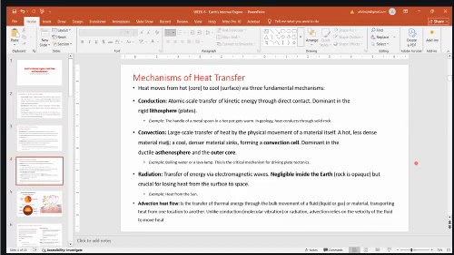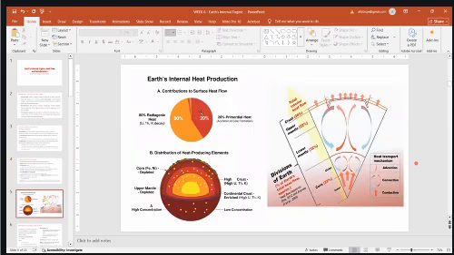So this is a schematic of how some of these heats are produced and transferred. Basically, this primordial heat is like 20%, while the radiogenic is about 80%. Other contributions are as small as this.